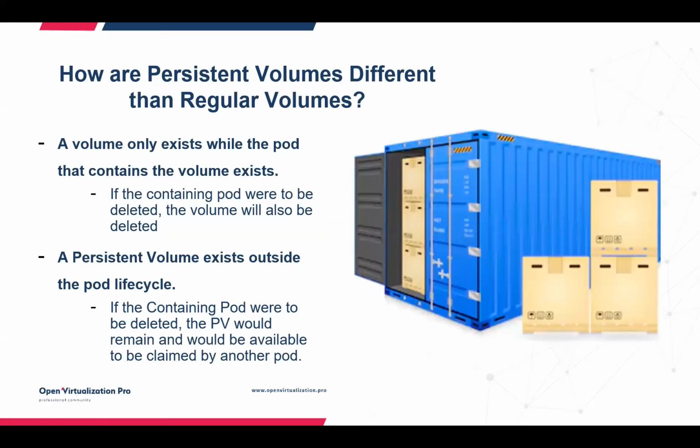This means that once the pod is deleted, the associated volume is also deleted. With a persistent volume, on the other hand, this remains available outside of the pod's lifecycle. So if the containing pod is deleted, the persistent volume remains, and that can be made available to claim by another pod if that's required, all the while retaining the data on that persistent volume.